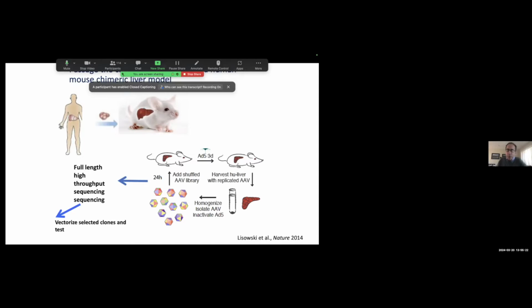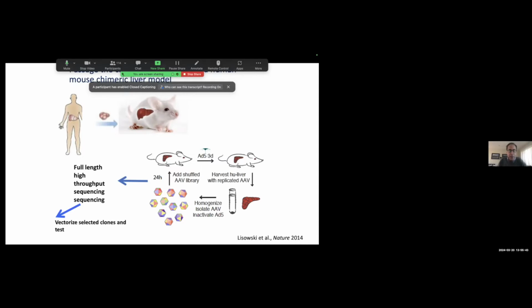And we would treat the mice with wild-type adenovirus, which allowed the AAVs that entered the human liver cells to replicate. We would take those out and isolate the AAVs, and then do recurrent screening or selection in these humanized livers.